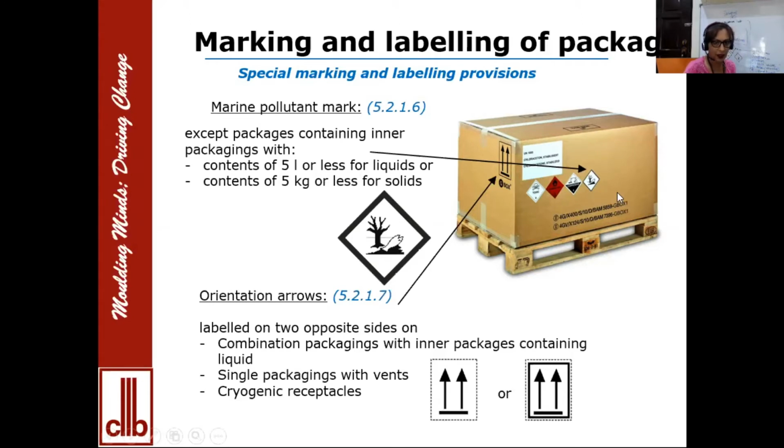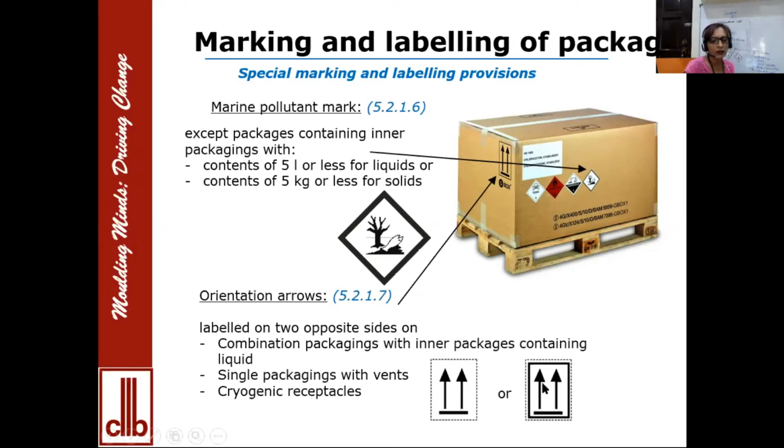However, if it is packed in less than 5 liters or 5 kgs in the inner receptacles, then you need not put the marine pollutant symbol on the package itself.